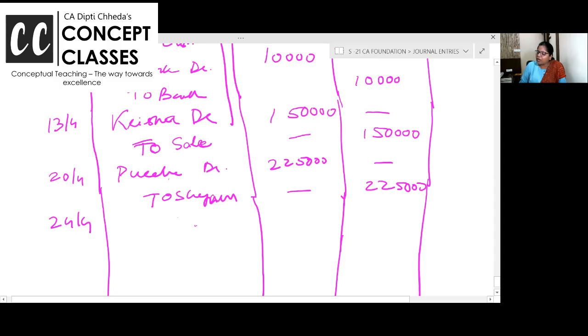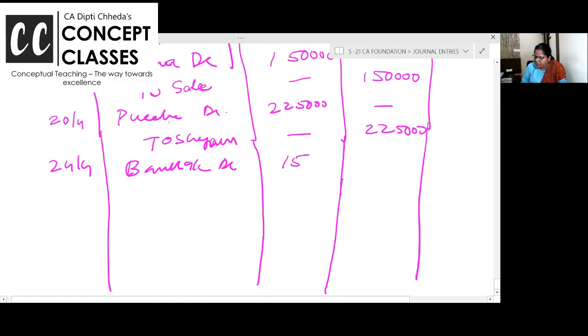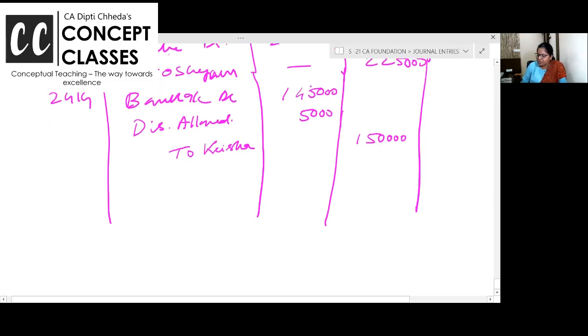Now 24th. Receipt from Krishna 1,45,000, and they have given it in full and final settlement, and 5,000 discount also they have given. So bank account debit, money is coming in, 1,45,000. Discount allowed is 5,000, to Krishna.